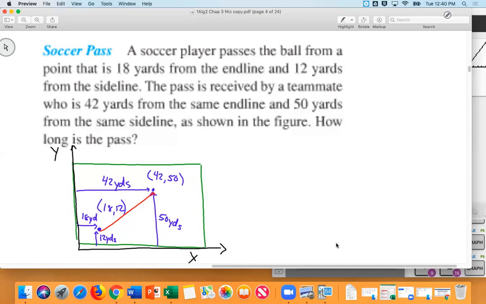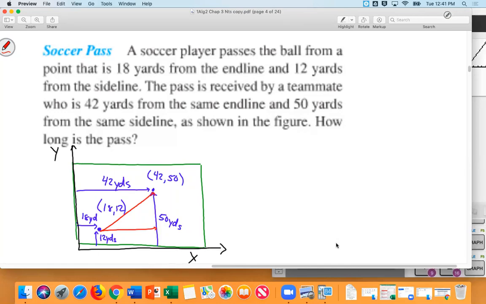So here, how far is that between these two points? I'm just making the triangle.